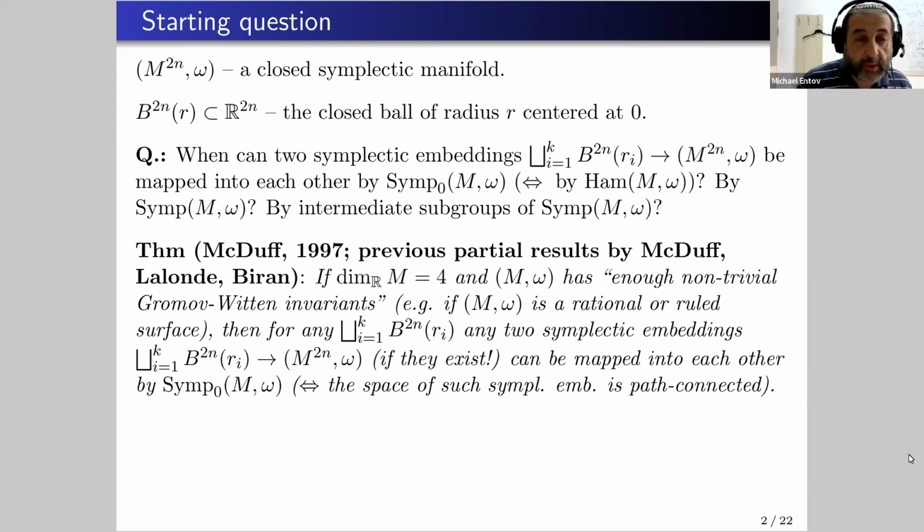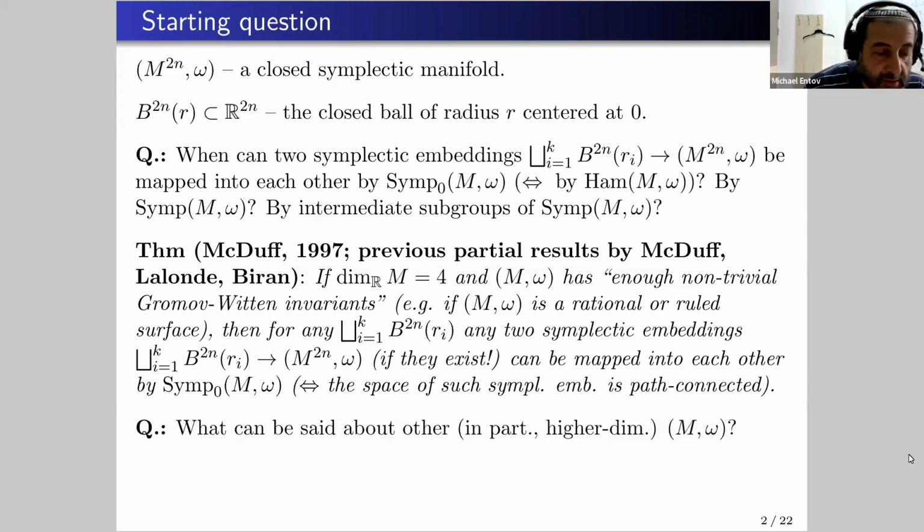So what we were trying to do here is to say something about this question for other M, particularly in the higher dimensional case. And we failed. We can't say anything about the space of all symplectic embeddings.